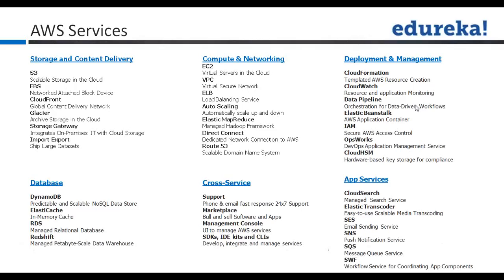CloudFront is a global content delivery network offered through 40 plus edge locations available with Amazon, where you would be streaming with less latency. Amazon has 40 plus edge locations, including one in Chennai and one in Mumbai.